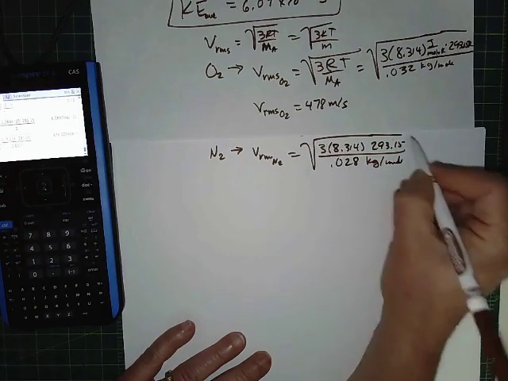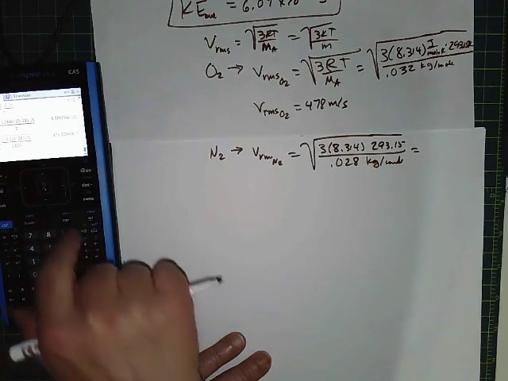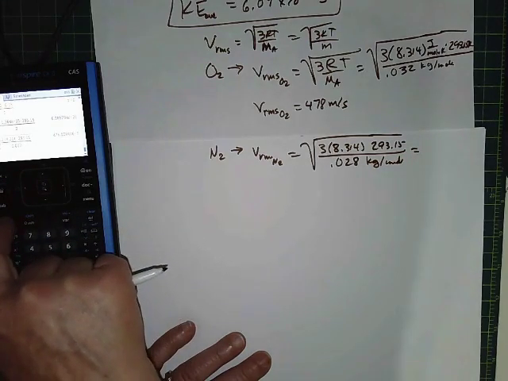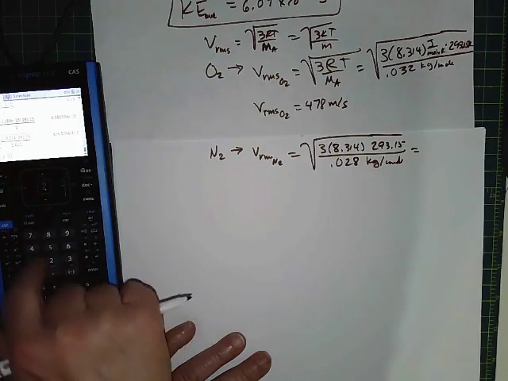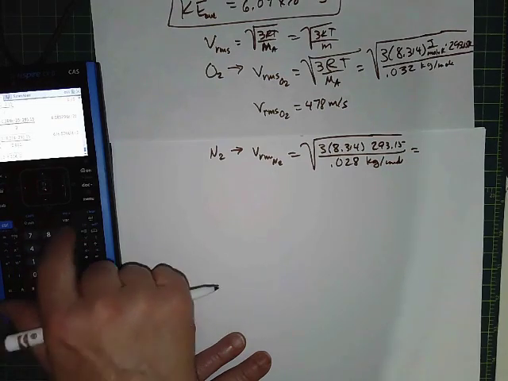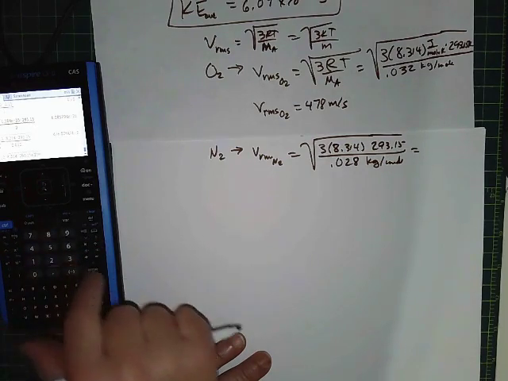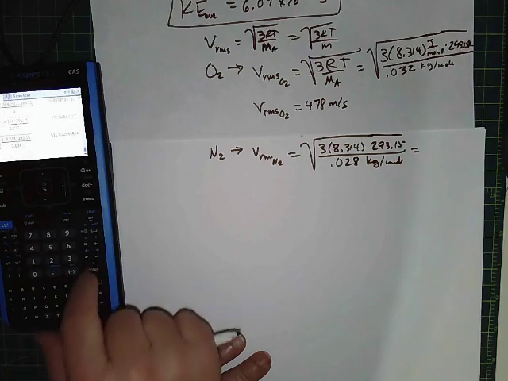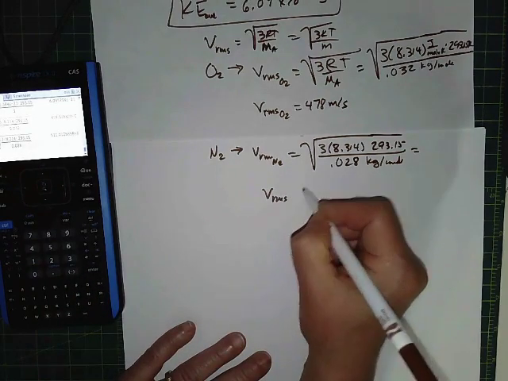All right, so assuming we got all of our units still straight, 3 times 8.314 times 293.15 divided by 0.028 instead. And we get a new velocity.